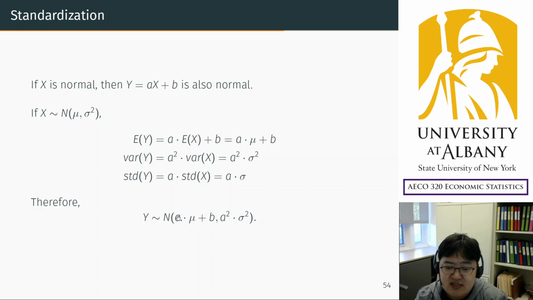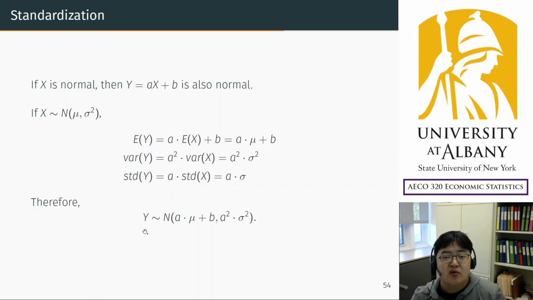The mean is a times mu plus b, where mu is the original parameter, linearly transformed. And the variance parameter becomes a squared times sigma squared, where sigma squared is the original variance. So in that way, using the normal distribution and the linear transformation results, we can characterize the linear transformation of a normal distribution.